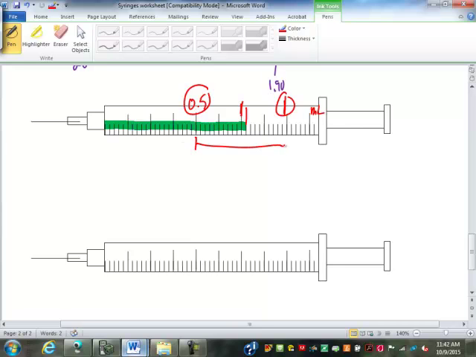So from here to here is actually 0.5 milliliters. And if we counted them, there's 20 divisions. So each division is 0.025 milliliters.